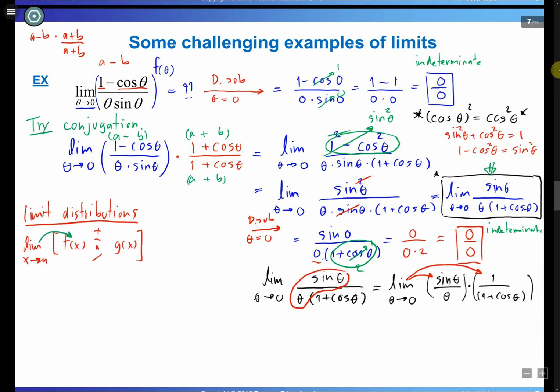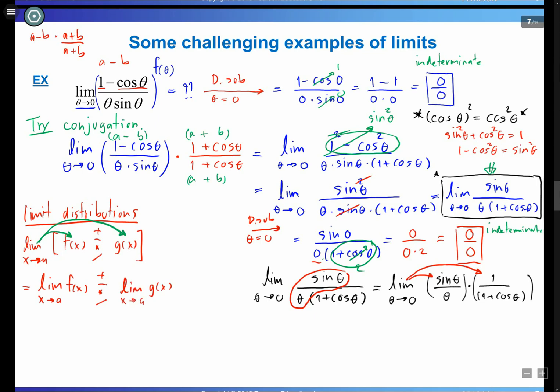Limit to this and limit to that. So in the end, you get the limit as x approaches a of f(x), keeping the operation you have, either plus, minus, multiply, or division, of the limit of the second term, g(x), when x approaches a.